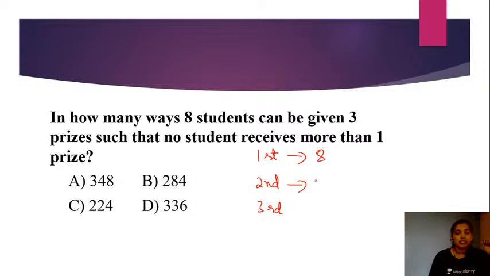So in that case, I have 7 different ways of giving the second prize, and coming down I have 6 different ways of giving the third prize. So the total number of ways that you could assign 3 prizes among the 8 students such that repetition is not allowed will be equal to 8 into 7 into 6, which is 336.